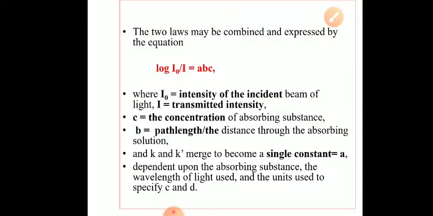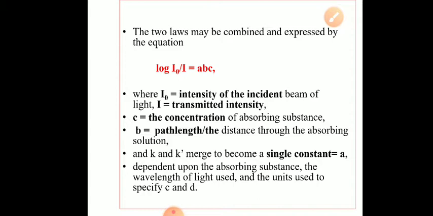That means absorptivity constant. Now when you combine the two laws, we are going to combine the Bouguer-Lambert law and Beer's law. So it is called the Beer-Lambert law or simply Beer's law. You combine the two laws and you can express it as log of I0 upon I is equal to Kb and Kc, combined.